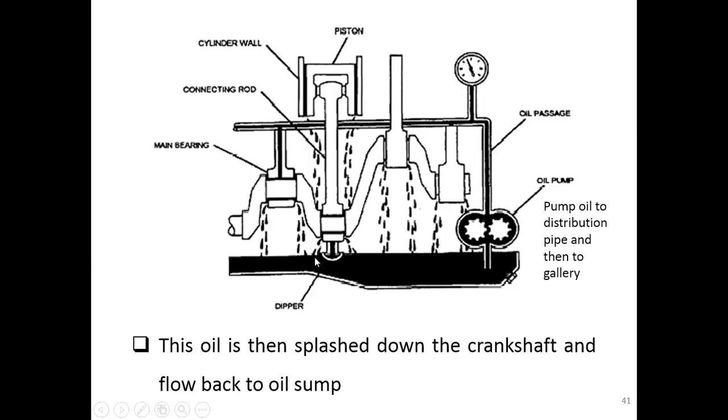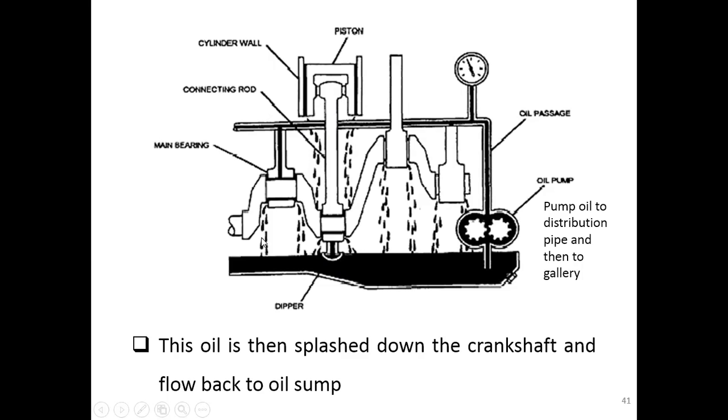The system also has a dipper. You see a dipper here. The dipper will splash the oil to all the engine parts above the crankshaft, such as the piston, the connecting rod, and so on.